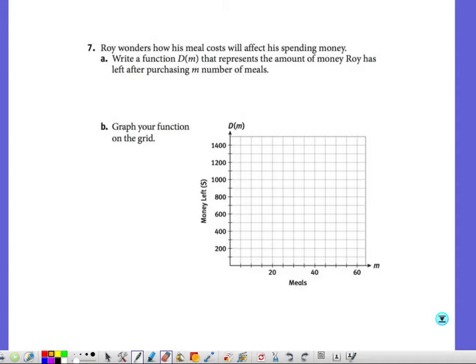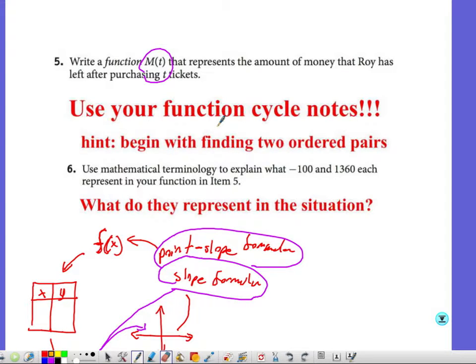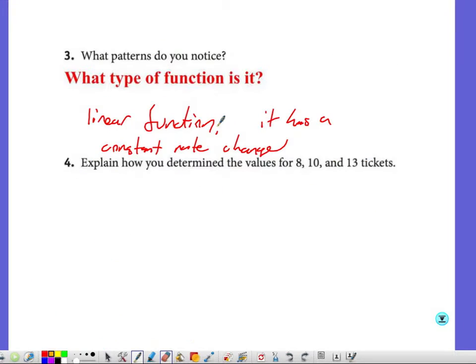Okay, number 7. Roy wonders how his meal cost will affect his spending money. Write a function d of m that represents the amount of money Roy has left after purchasing m number of meals. Okay, so this time we're not looking at tickets anymore.